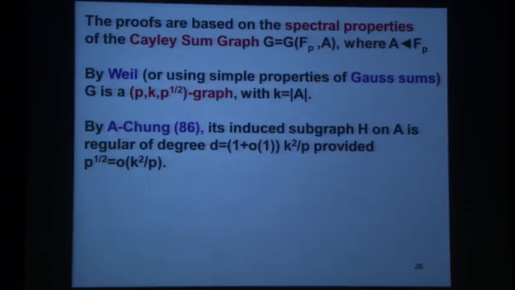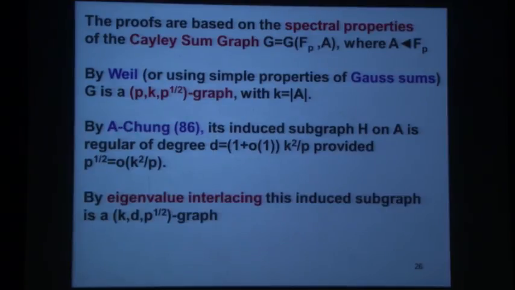So we know the degree of regularity in this subgroup. Then we know also something about the eigenvalues of this induced subgraph, and it's just by eigenvalue interlacing. This is an induced subgraph of some (n, d, lambda) graph. So also all the eigenvalues there, besides the top one, are bounded with the same bounds that we have for the big graph.